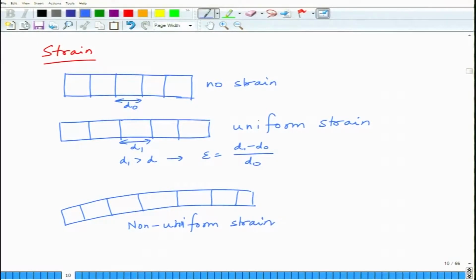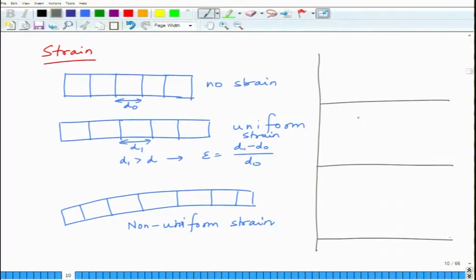And what you will observe in X-ray diffraction in this case, so if I just remove this strain word from here and just write it here, uniform strain, and if I now make a plot of, so let us say this is my 2 theta, this is the second 2 theta, and this is the third 2 theta.